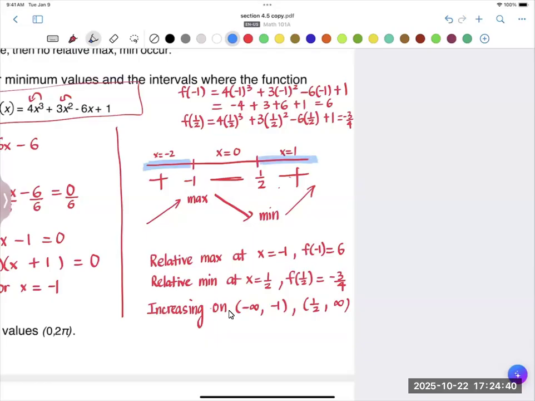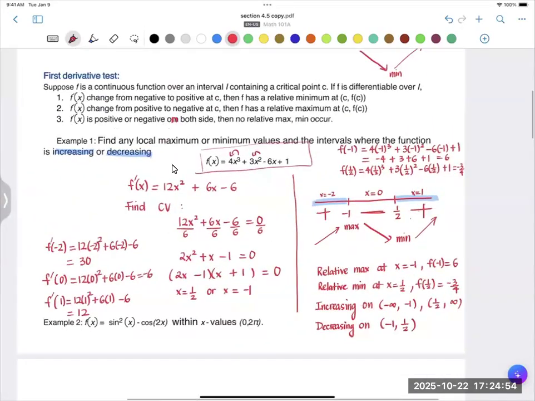So that's why we have increasing on this interval and this interval. Now you're going to have decreasing on negative 1 to 1/2. Okay, so the first derivative test helps you find where the relative max is, where the relative min is, which interval is increasing and which interval is decreasing. Okay, we're going to take a look at more examples.